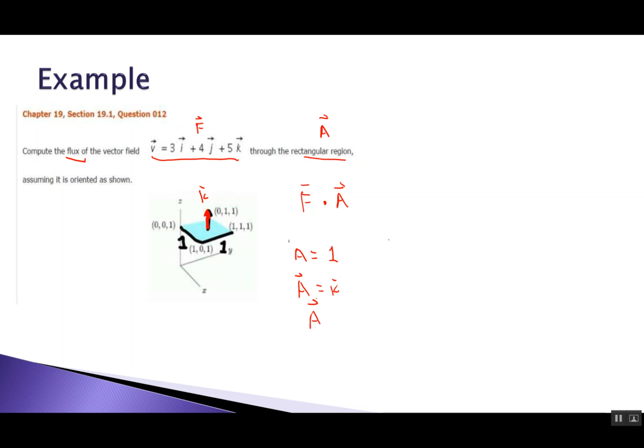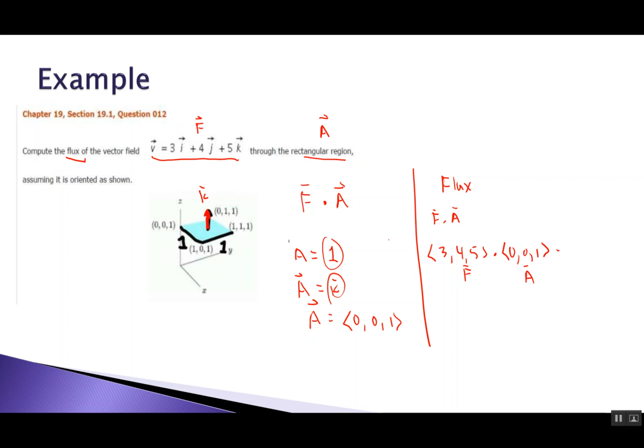And so my vector A is going to be 0, 0, 1, because I'm taking 1 times the vector K. So there's my vector A. And then to find the flux, all I need to do is take F dotted with A. So I'm taking 3, 4, 5. There's my F. And I'm dotting it with 0, 0, 1. There's my A. And the answer is 5. Notice it's a scalar, not a vector anymore.